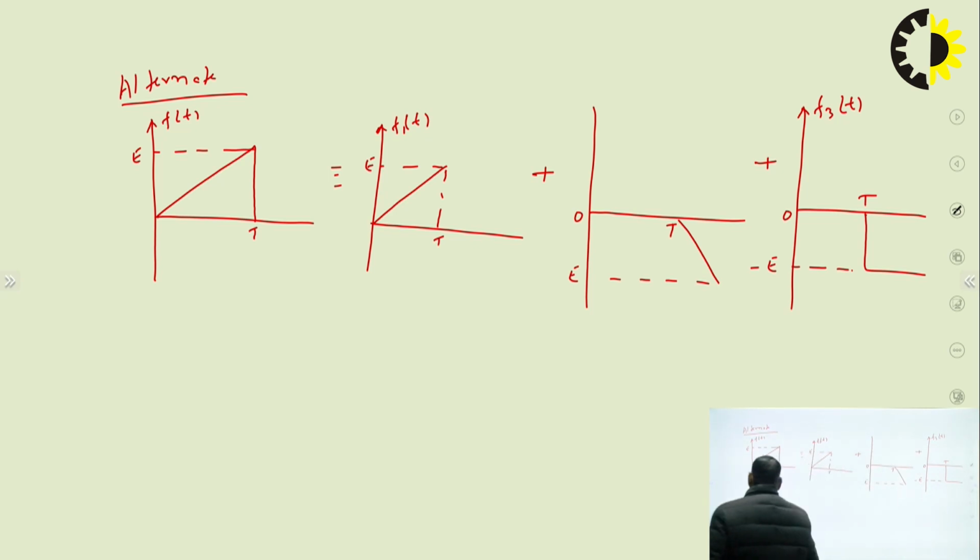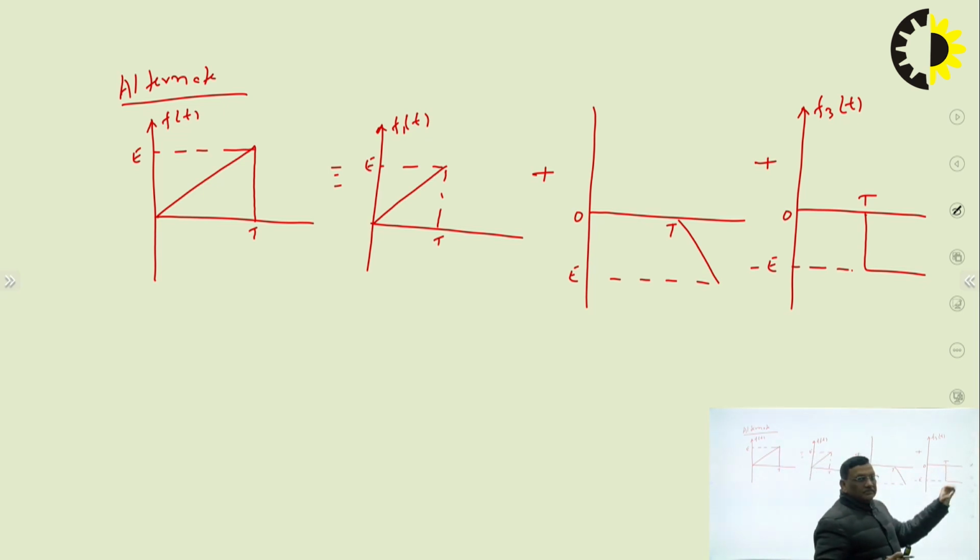So this wave shape can be decomposed into three functions, some signals. Here it is a ramp with positive slope. This is a shifted ramp with negative slope, and this is a shifted unit step.